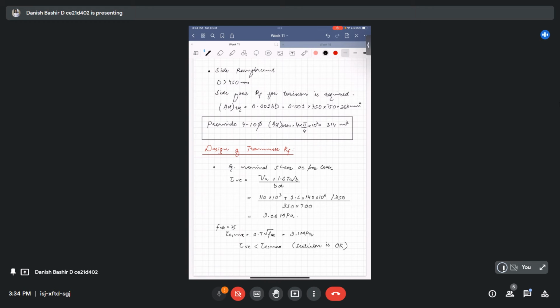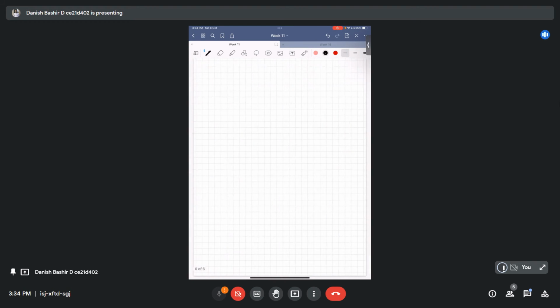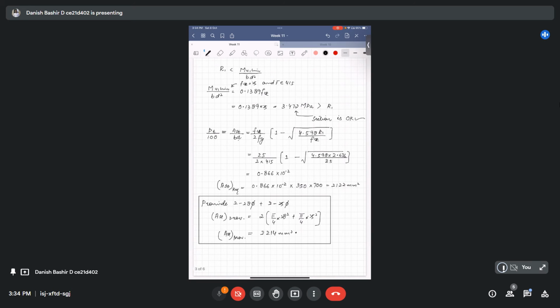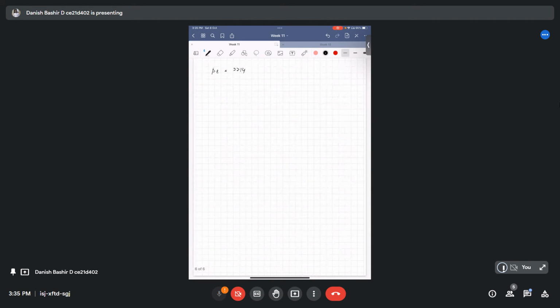Now we have to check the shear strength of the concrete. First, we have to calculate PT, the percentage of tensile reinforcement we have provided. We provided 2214. Look here, 2214 times 100 divided by BD.